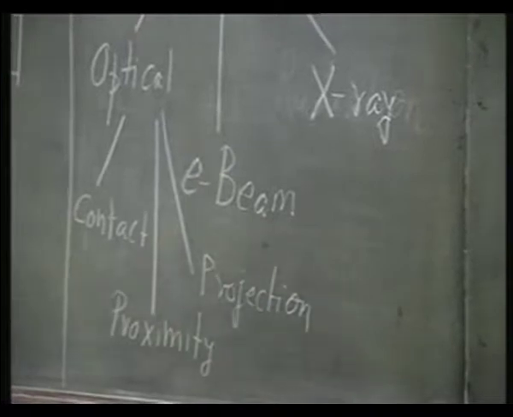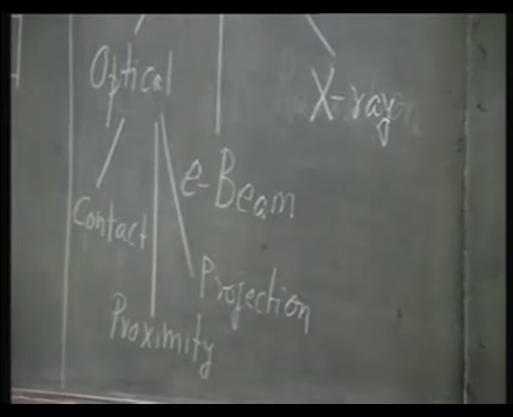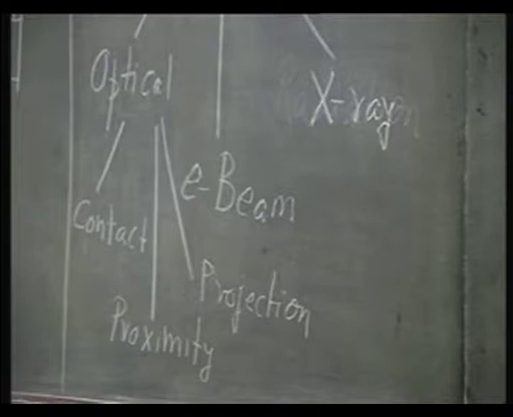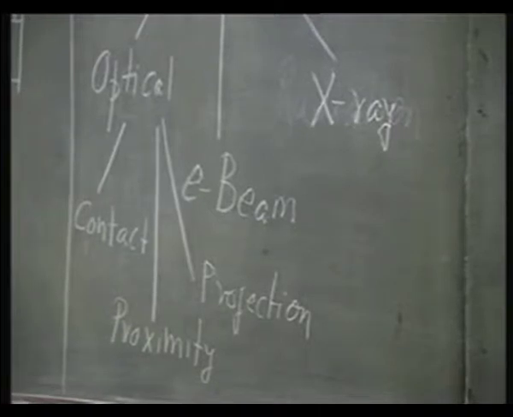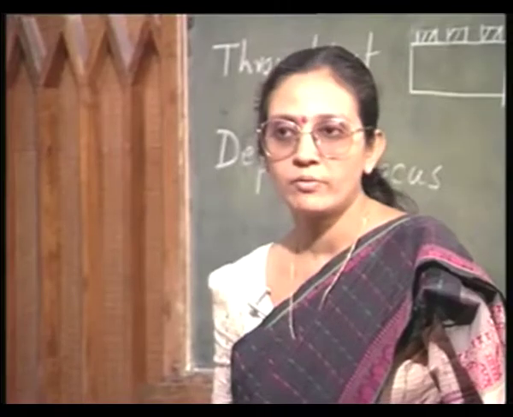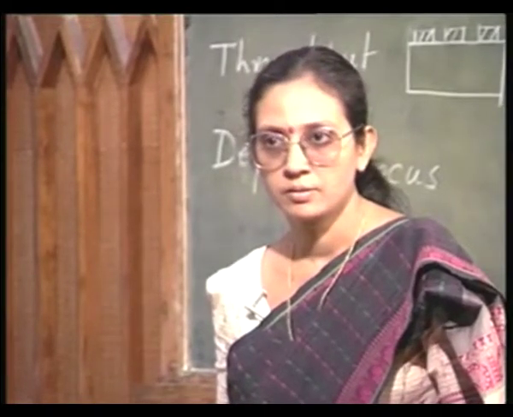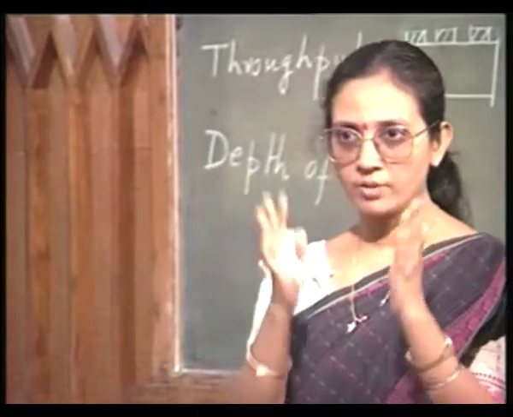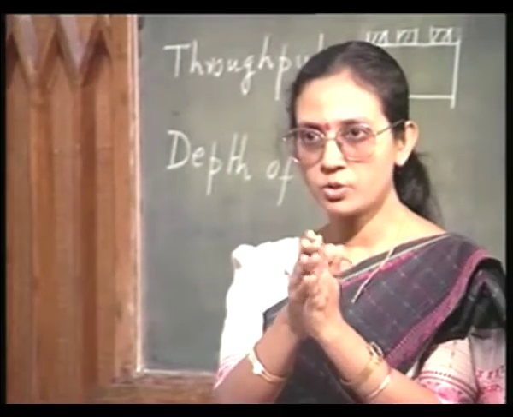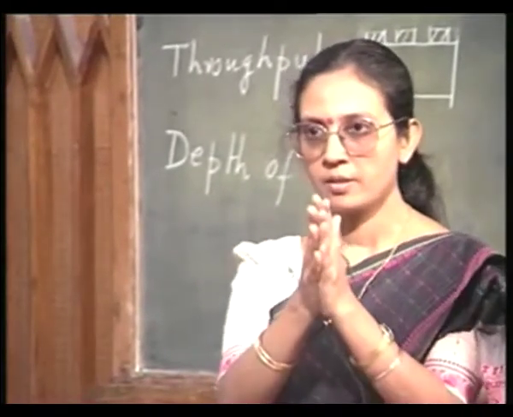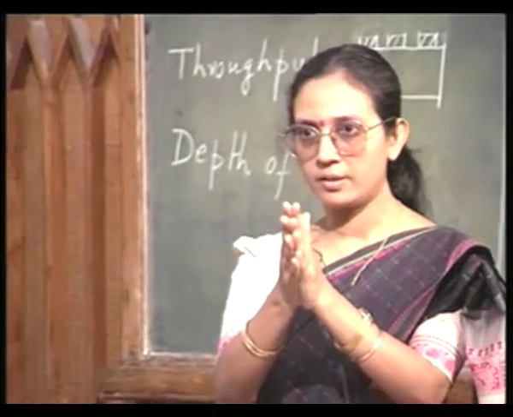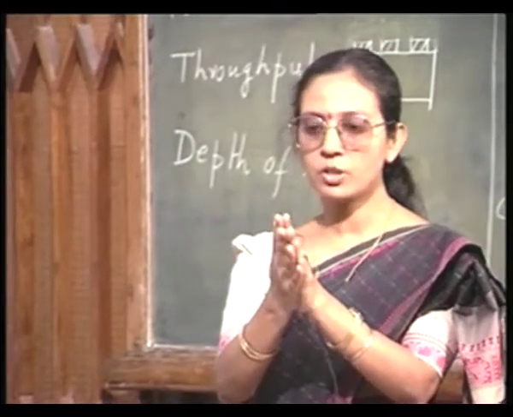The names are quite revealing, you know. In contact printing, who is in contact with what? The wafer is in contact with the mask. You have the mask, you have the wafer, you put them close together, make them in contact and then switch on the UV radiation.